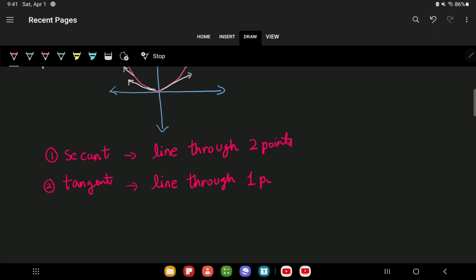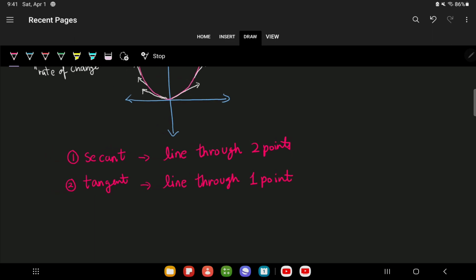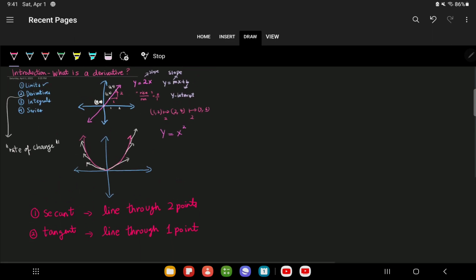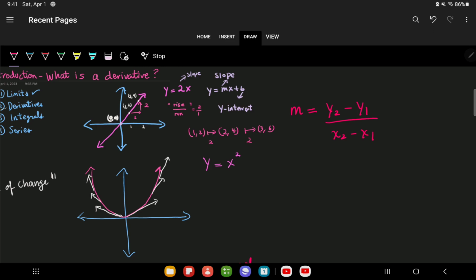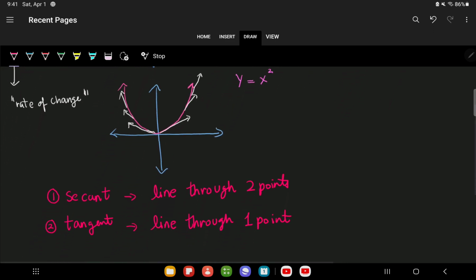And this idea of rise over run, how did we calculate the slope earlier? Slope earlier was y2 minus y1 over x2 minus x1. y2 minus y1 was the rise, x2 minus x1 was the run.